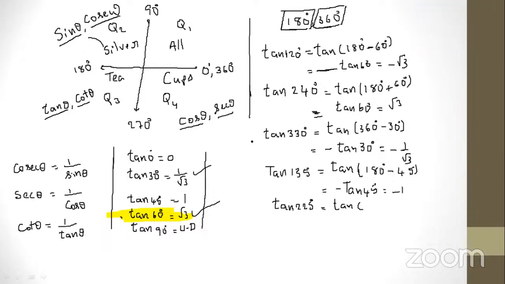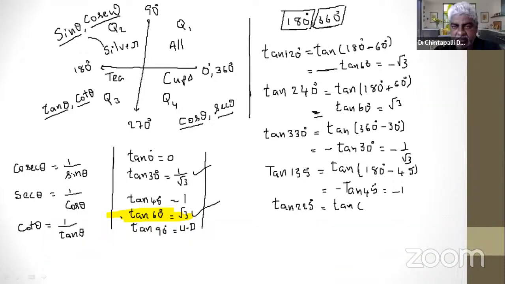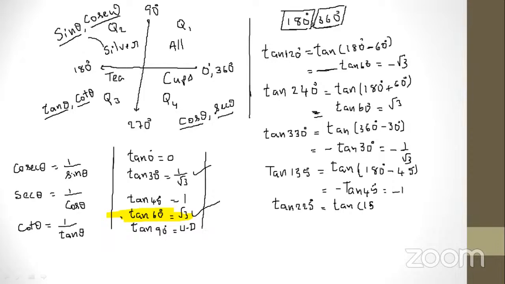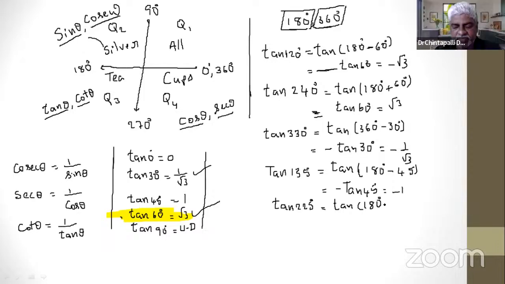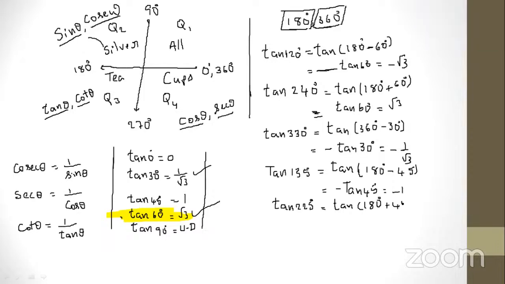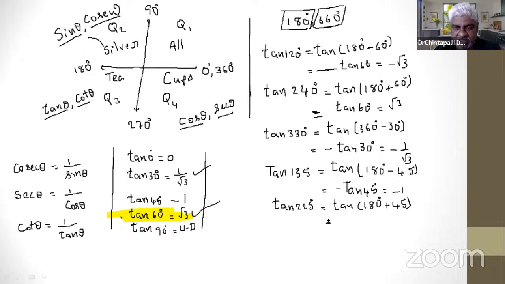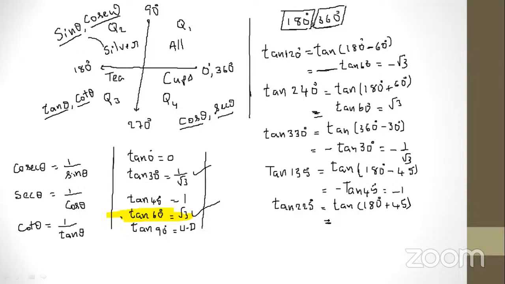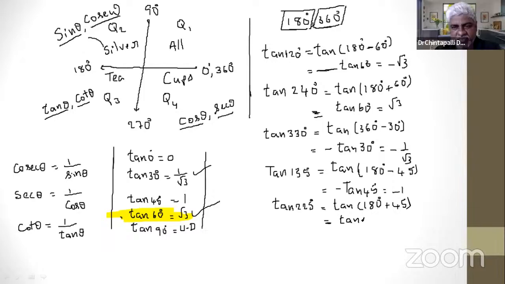We use 180 plus. 225 minus 180 is 45, sir. Very good. 180 degrees plus 45 degrees. So, 225 degrees belongs to which quadrant? The third, where tan is positive. Tan 45 degrees equals 1.